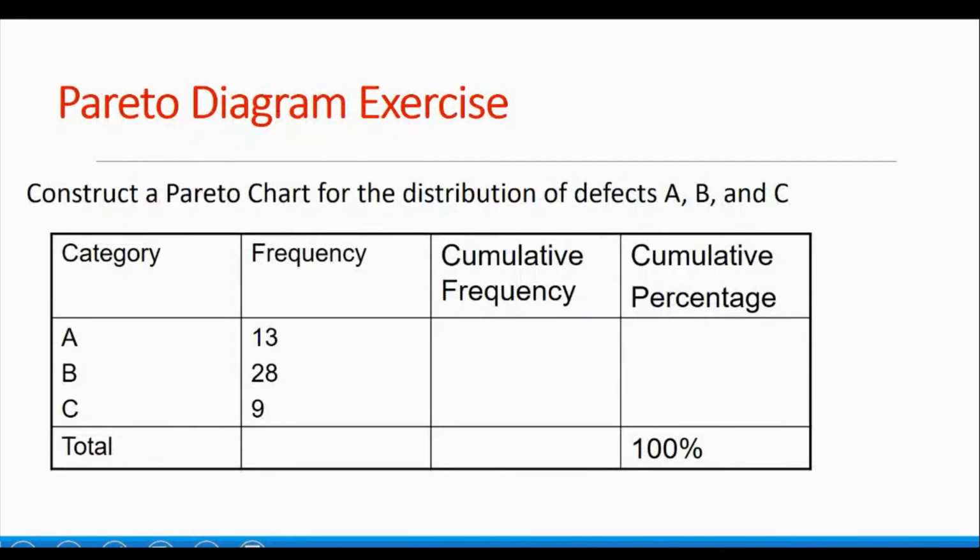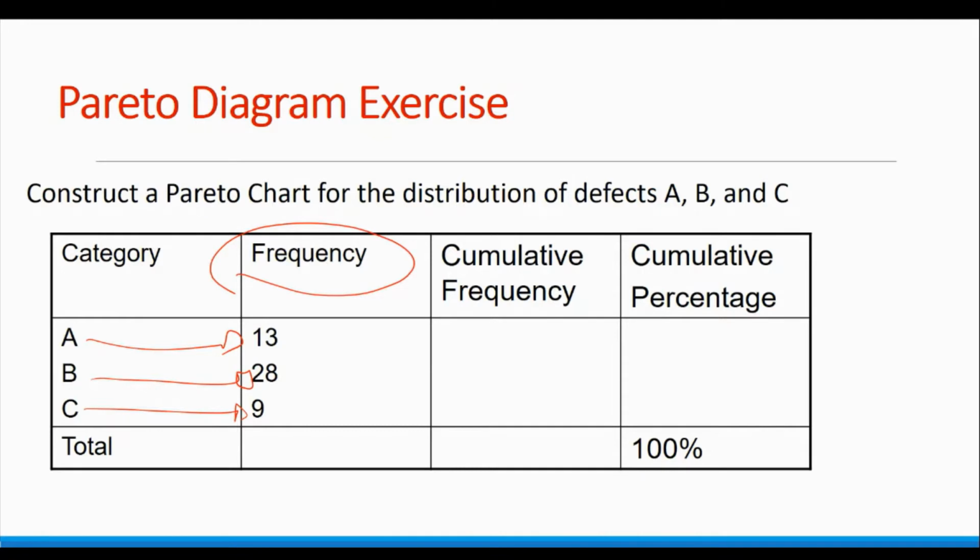Okay, so we have this quick exercise here to construct a Pareto chart on the distribution of defects A, B, and C. So we see here that for the 3 defects, A has happened 13 times, B has happened 28 times, and C has happened 9 times. This is frequency here.